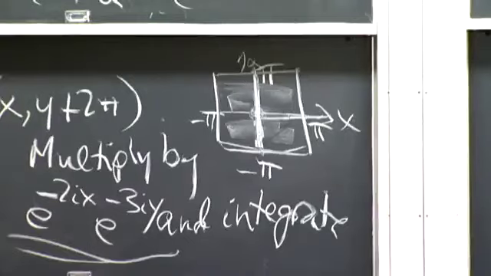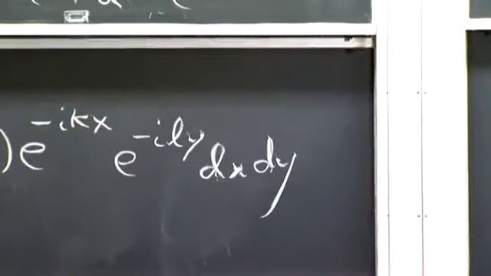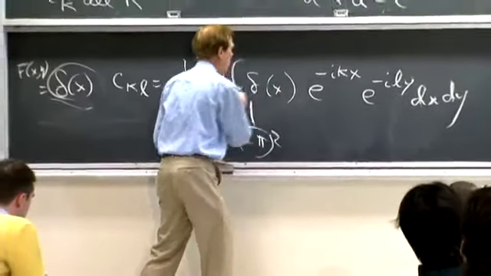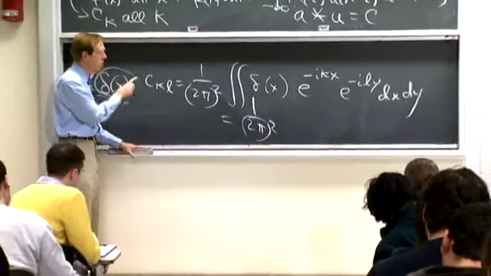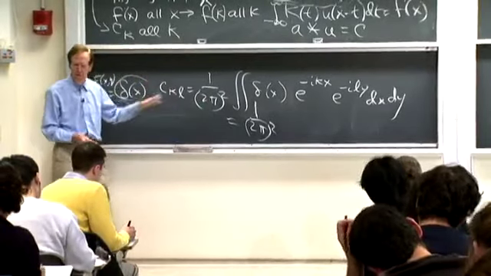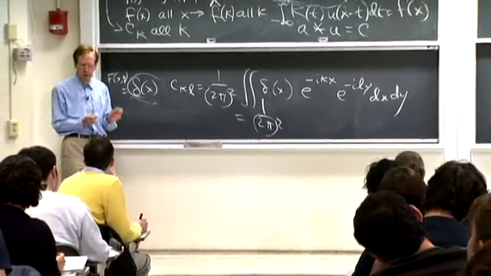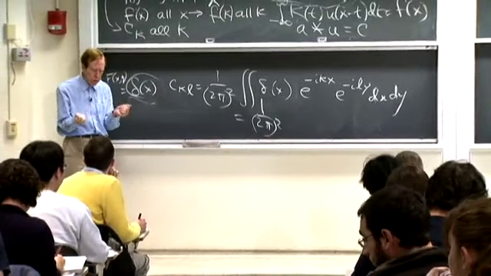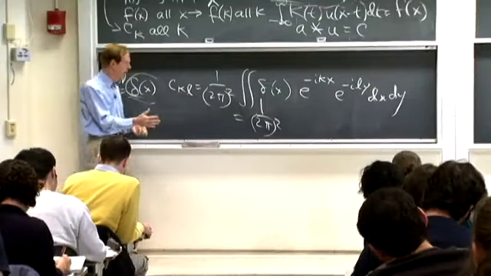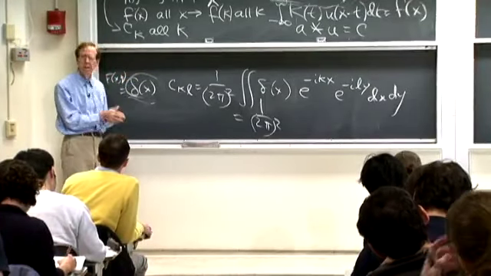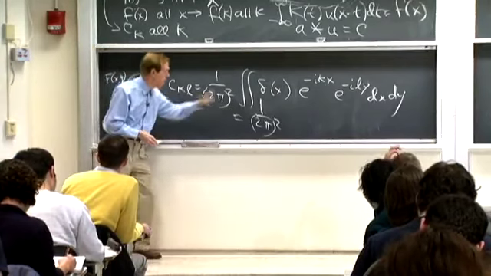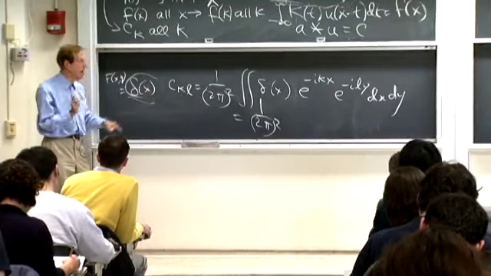What's my answer now if this function suddenly changes from a one-point delta function to a line of delta functions? Now tell me what the coefficients are. What are the Fourier coefficients in 2D for a straight line of delta functions going up the y-axis? Let's see. Well, what do I do?